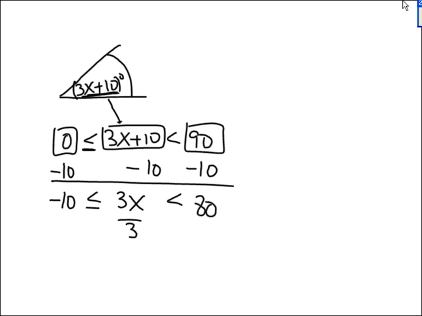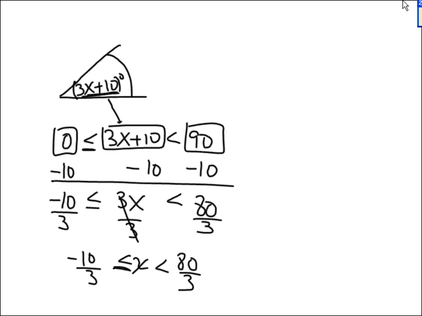But I don't want to know what 3x is, I want to know what x is. If you have 3x and you divide by 3, you just get x. The constraint on x is it's between negative 10/3 and 80/3, and it can equal negative 10/3.